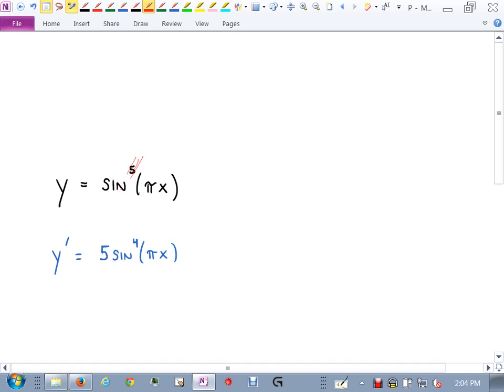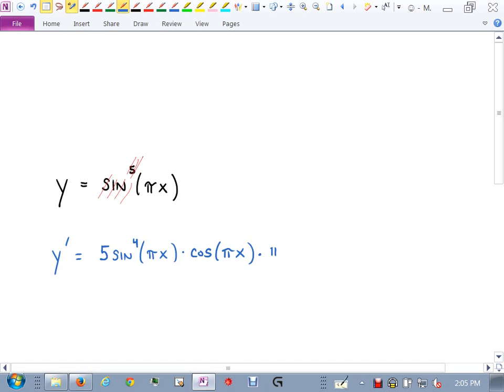Now we go inside to the next layer, which is the sine. The derivative of sine of the eraser is cosine of the eraser. So cosine pi x. Now I'm done with the sine, and now I need the derivative of the eraser, which I was covering up, which is the derivative of pi x, which is pi, because pi is a number, right?